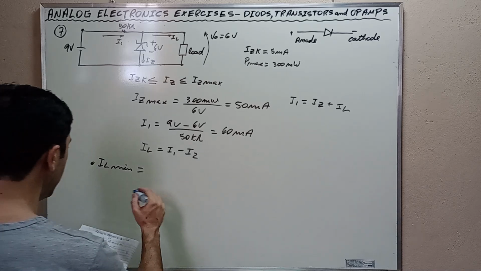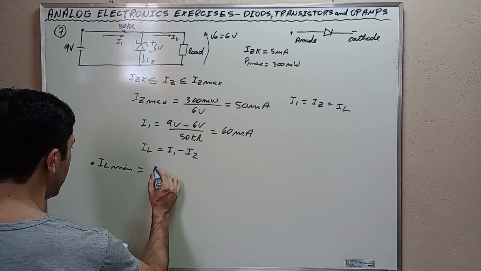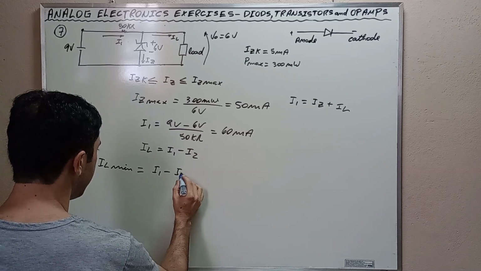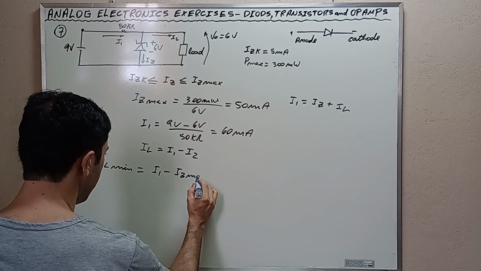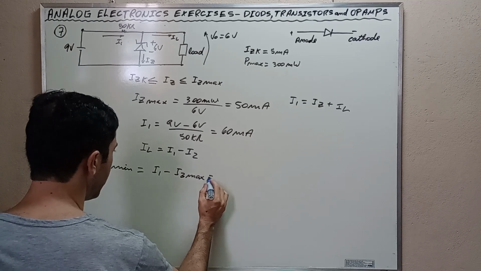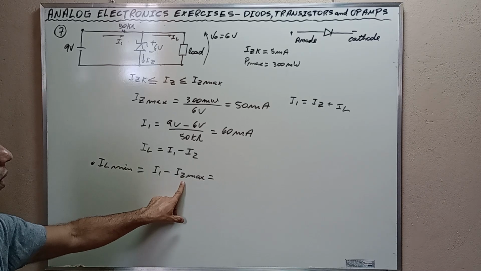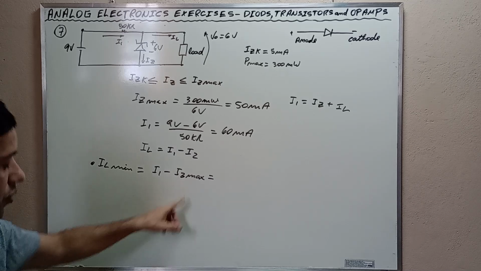So the minimum value of IL is equal to I1 minus IZ max. The minimum value of IL is the one in which the Zener current is maximum.